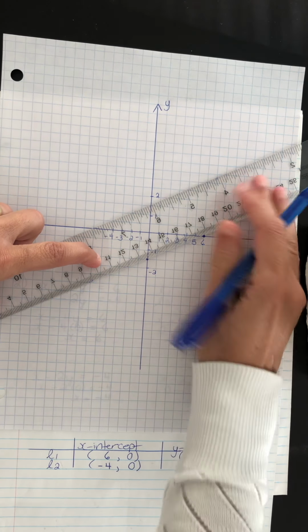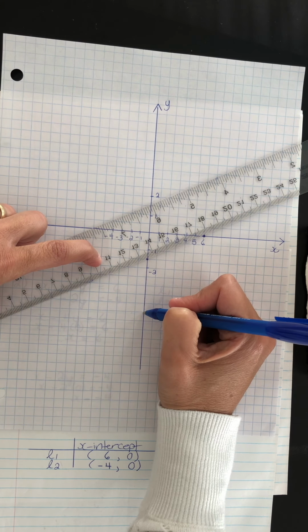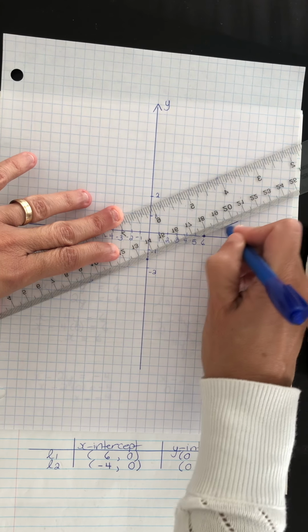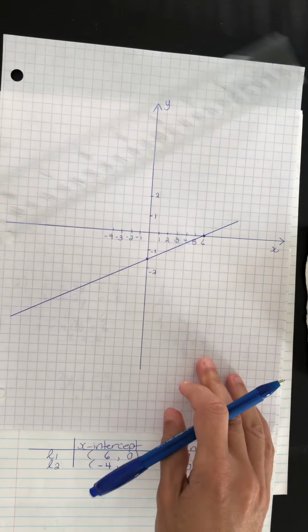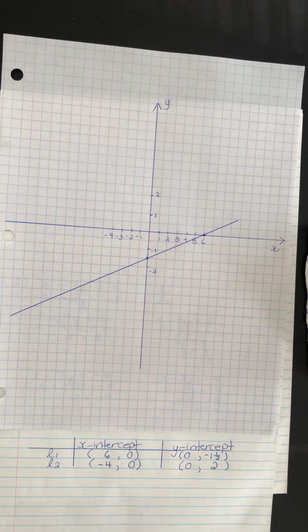All right, so I'm going to do that. I'm cheating a bit because I know what the point of intersection is going to be. Sorry, guys. Okay, there we go. That's perfect.